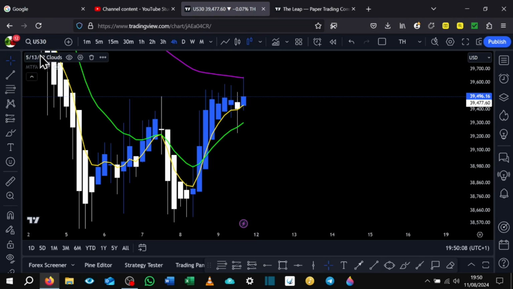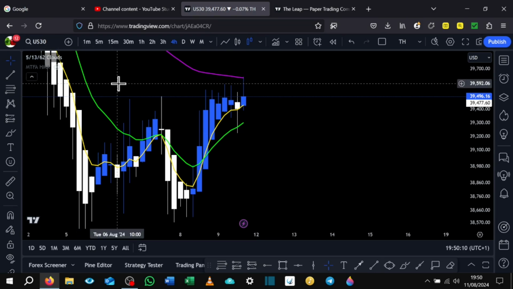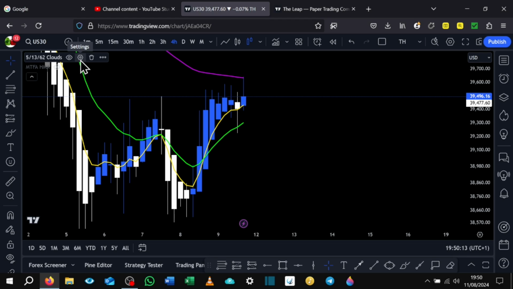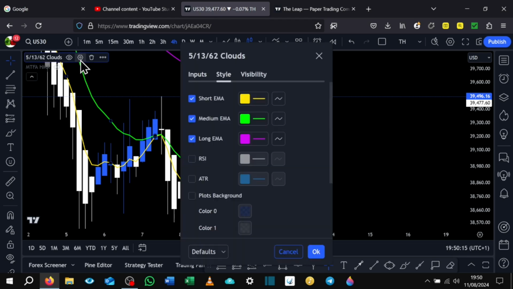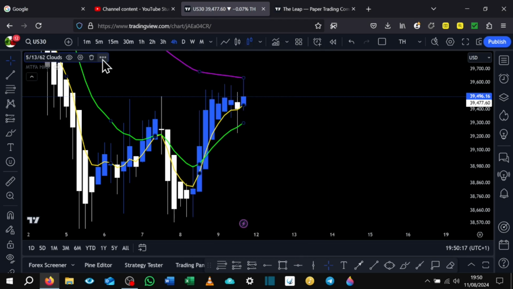So what I'm going to do right now is just set up the alerts on US 30, and I'll show you how that is done. So download, if you haven't done so already. I mean, if you're following along, you should have this indicator ready, but it's the 51362 clouds.